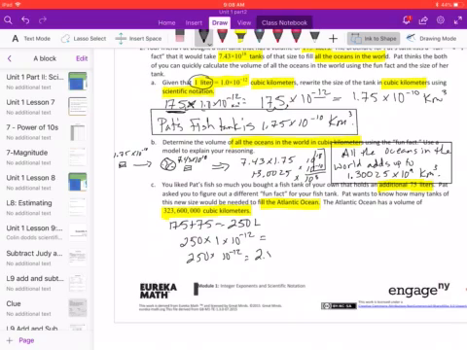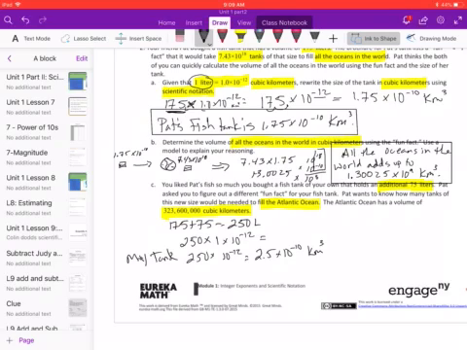I change it to scientific notation, and it's 2.5 times 10 to the negative 10th cubic kilometers. That's the first thing. This is my tank size. I like to label my stuff as I go.